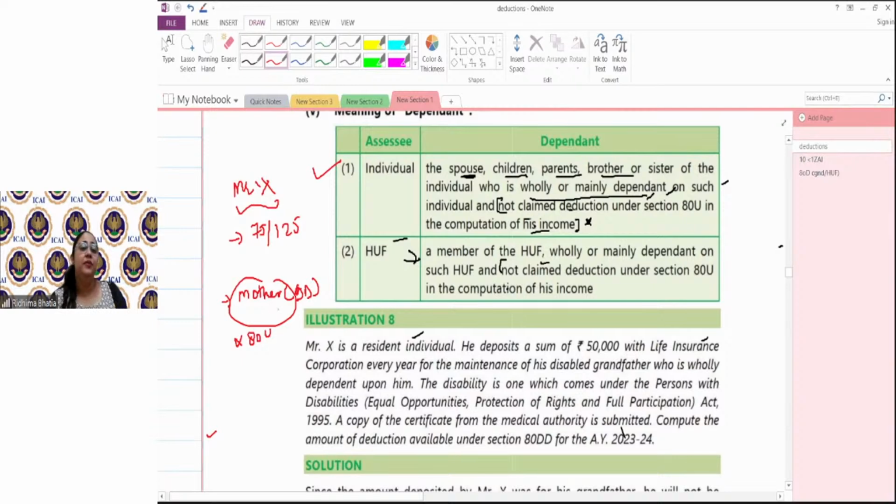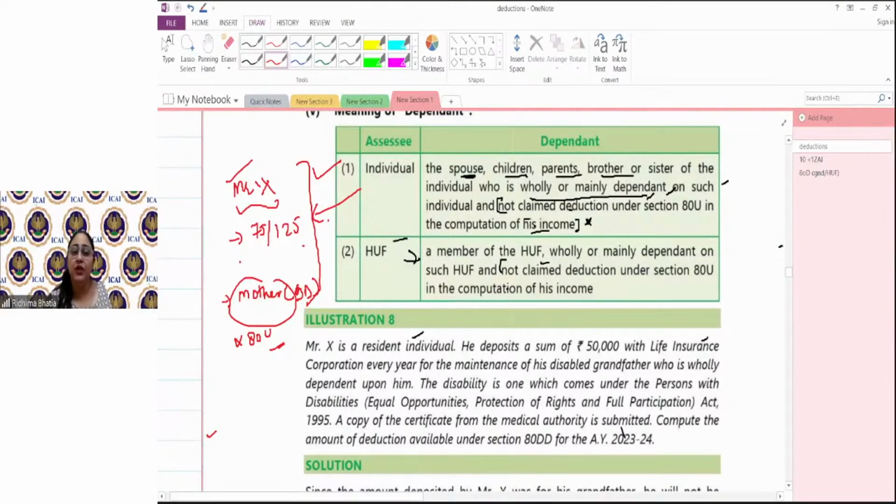So the mother, being a dependent disabled as an individual, in her return not claiming 80U, then only Mr. X can claim 80DD. Got it? This is now the complete understanding of the condition for section 80DD. So if the mother is claiming 80U in her return, then Mr. X cannot claim.